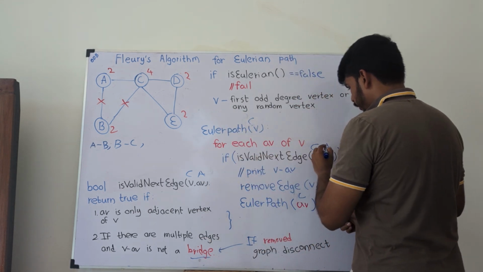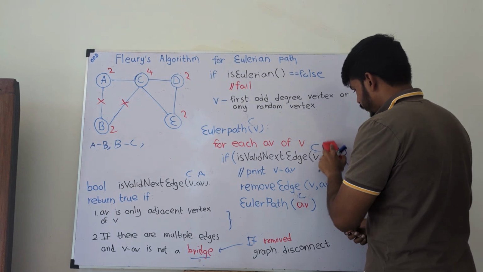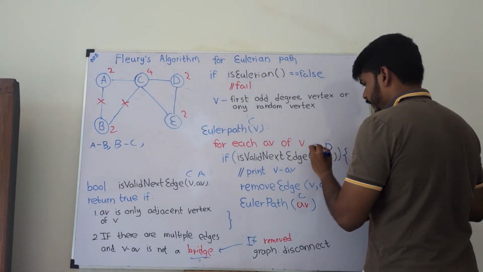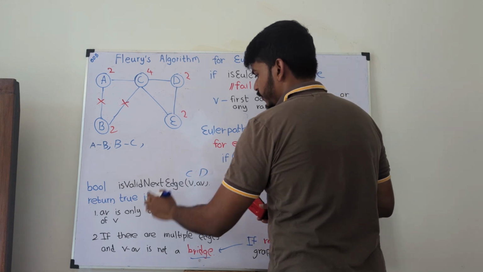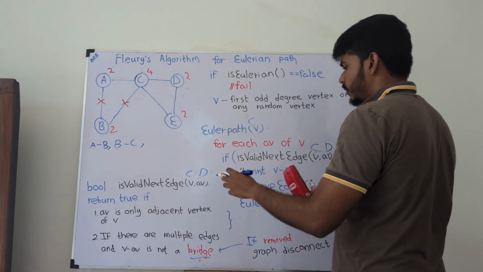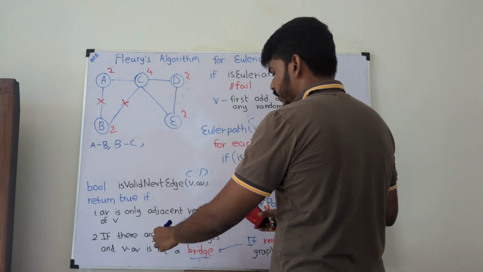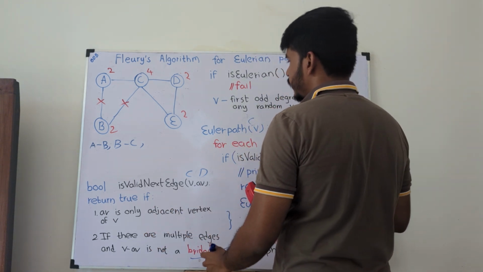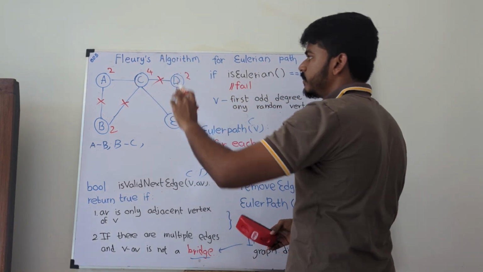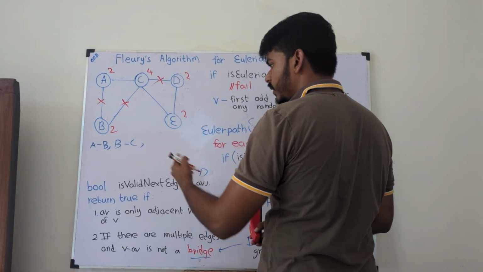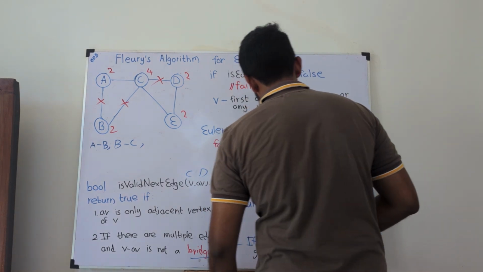Here it is C. Here I am going to take D. So for D, we are going to check if it is the only adjacent vertex of C. It is not. If it is a bridge edge or not. Here you can see, if we remove this edge, the graph doesn't become disconnected, so we can take it as the valid next edge.